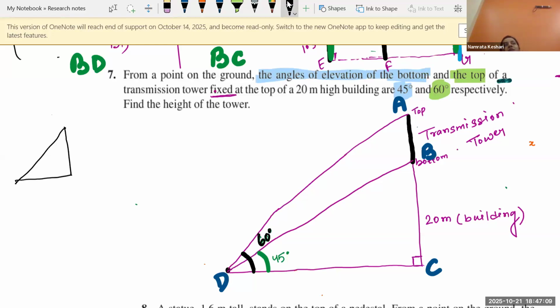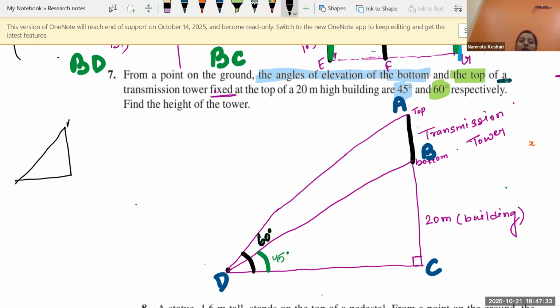First of all, please tell me whether the figure is clear or not. Is it clear? Yes, ma'am. Okay, if the figure is clear, then the next step is to identify the triangle. You always have to take a right angle triangle, and the angles which you have marked will also help you identify the triangle.